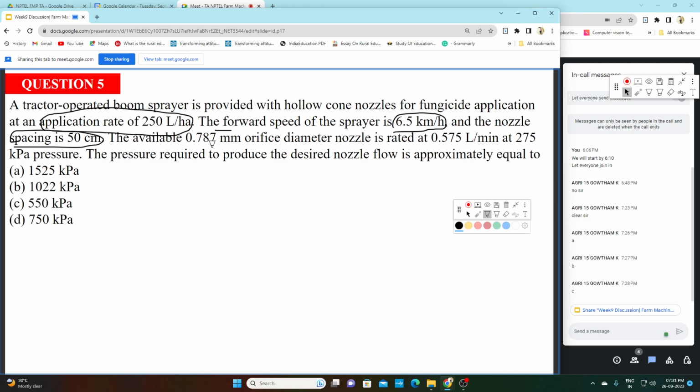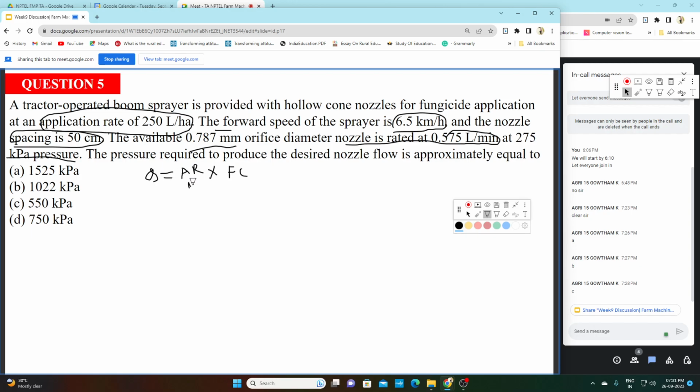The available 0.787 millimeter orifice diameter is rated at this much liter per minute at 275 kilopascal. The pressure required to produce the desired nozzle flow rate is approximately equal to... so first we have to calculate the nozzle flow rate. How can we calculate nozzle flow rate? Nozzle flow rate is your application rate, AR, into your field capacity. By this we can get our nozzle flow rate.